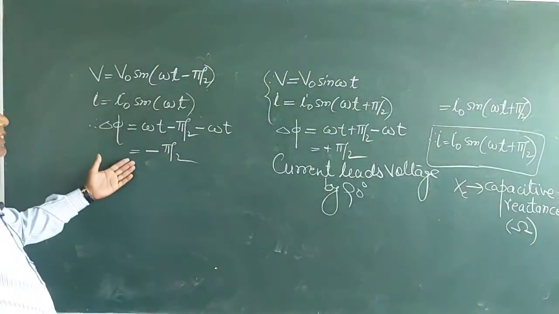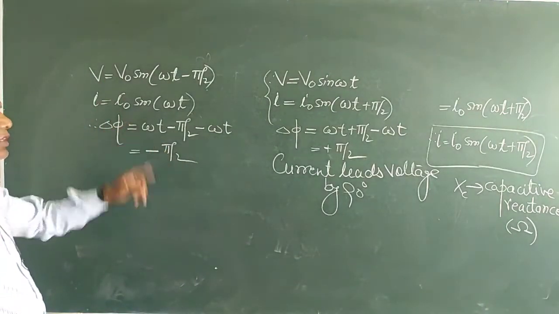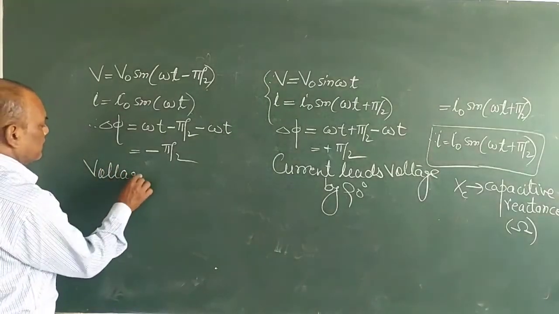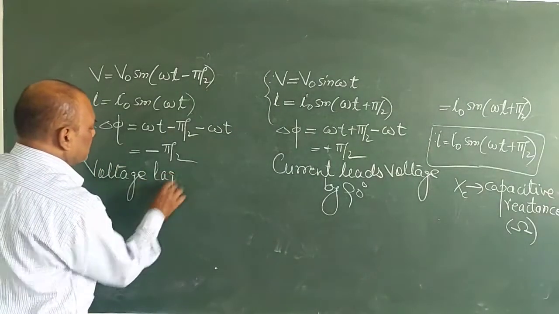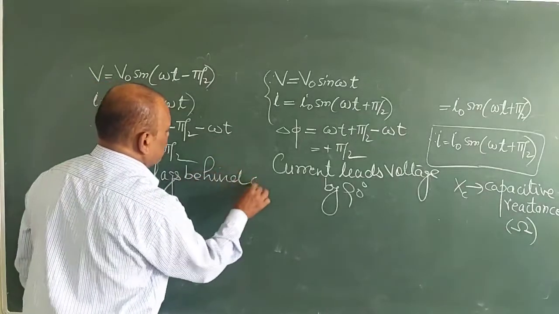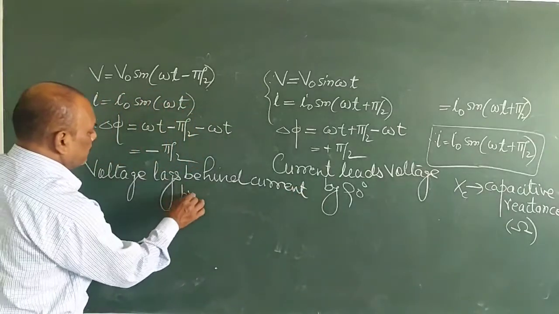So the phase difference between voltage and current becomes minus pi by 2. So we can say that voltage lags behind current by 90 degrees.